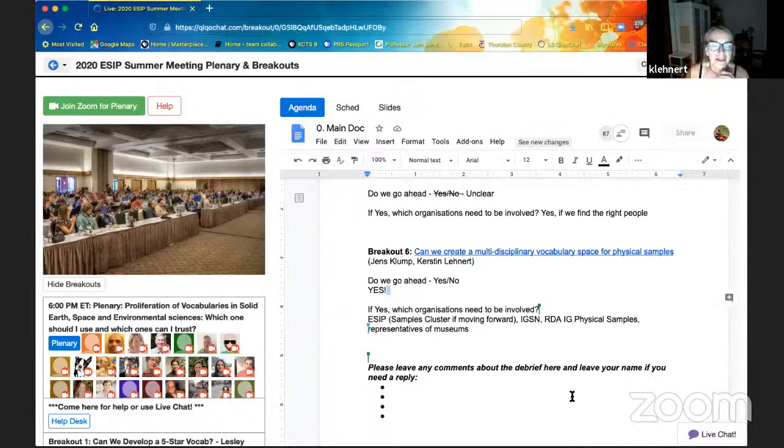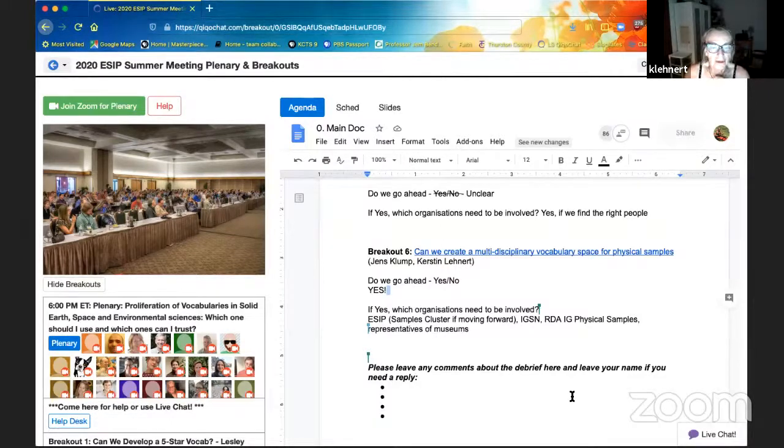We clearly stated that if nothing happens, we will keep floundering away, as was stated, and we would really lose out on making samples more discoverable, basically more FAIR.